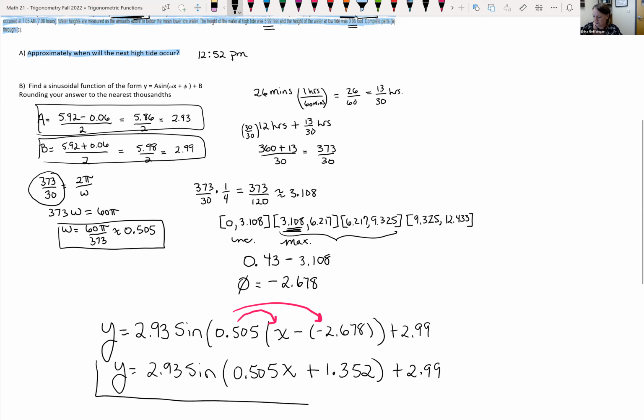So we found our function that would give us the height of the tide after x hours into the day.